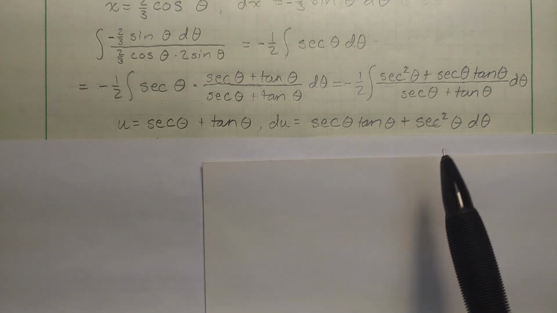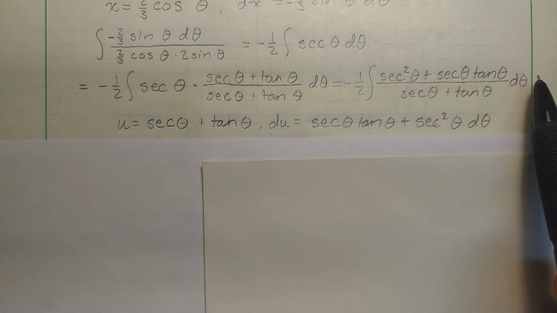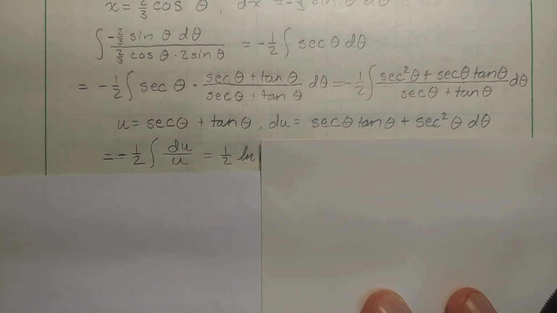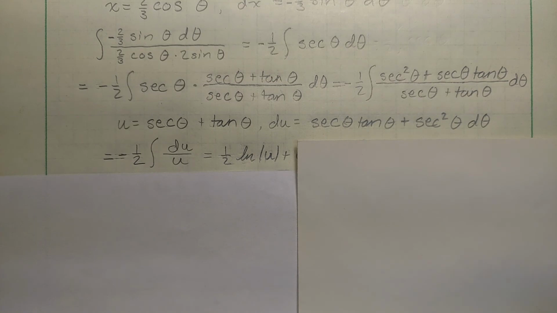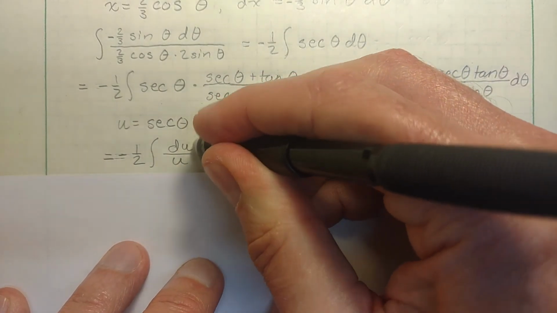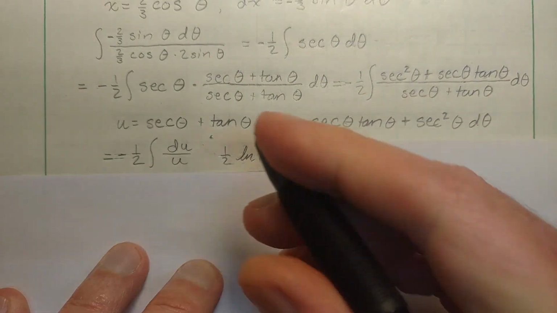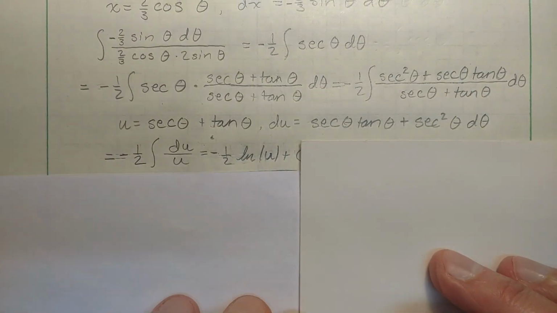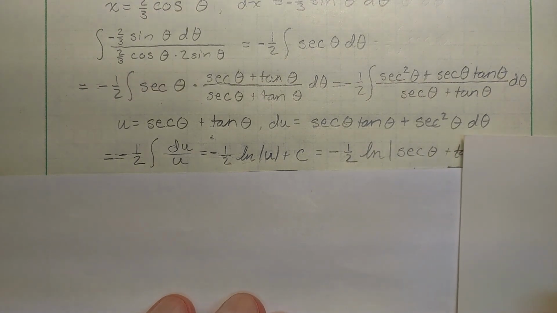So from this, we simply get du over u. So integrating that, we get, there should be a negative in front of there. Somehow that negative dropped. We get negative 1/2 natural log of u plus a constant.